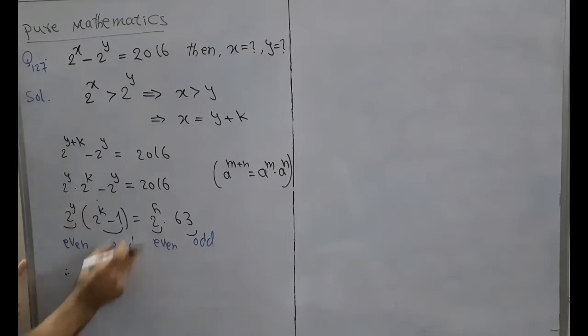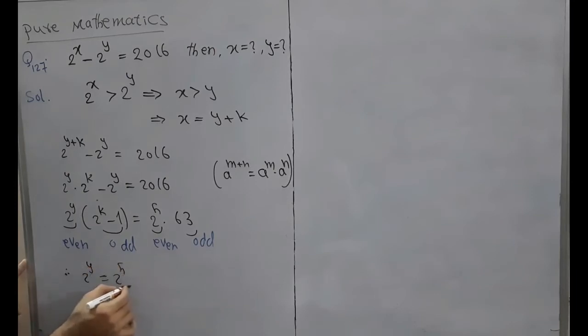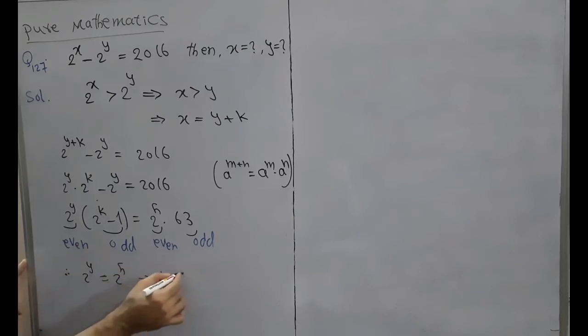We have even integer here, here also we have even integer. 2 to the power y is equal to 2 to the power 5. This implies 2 cancelled, y is equal to 5.